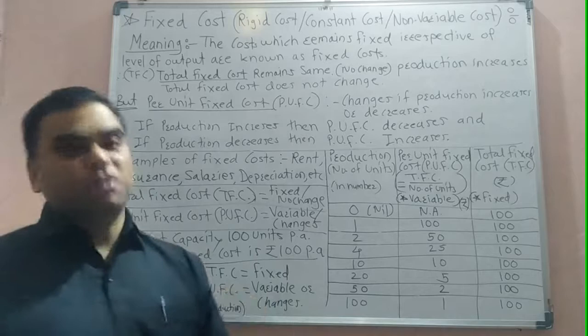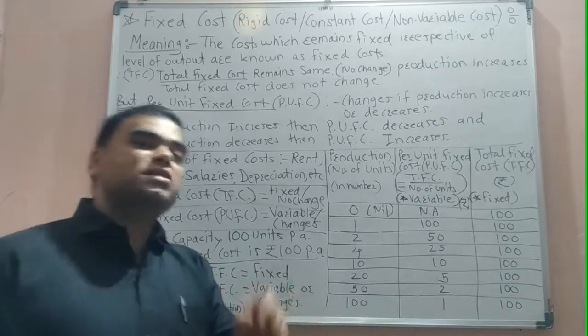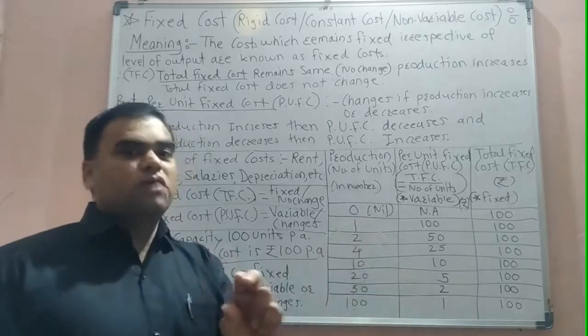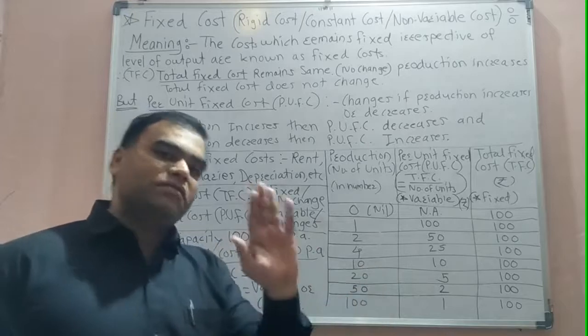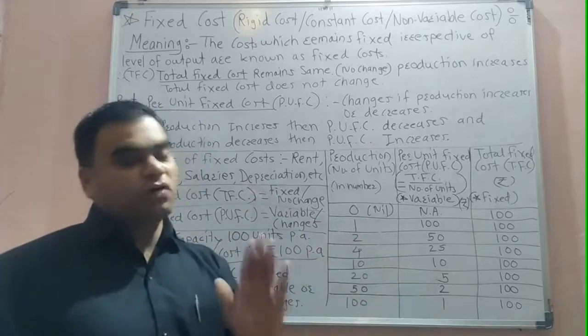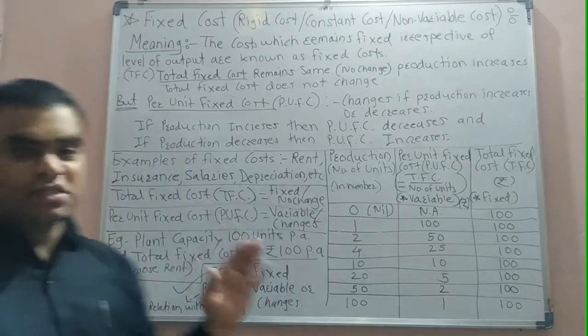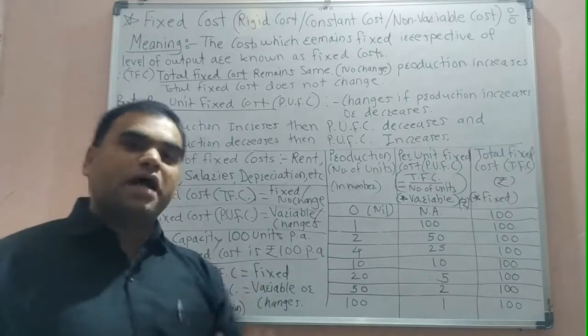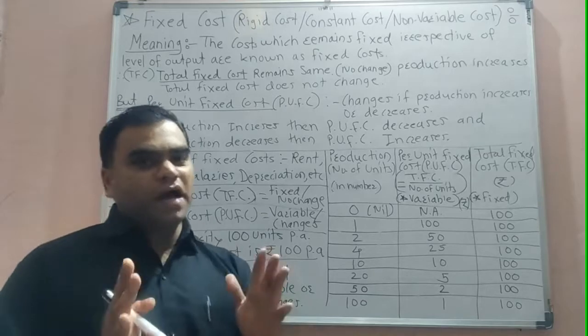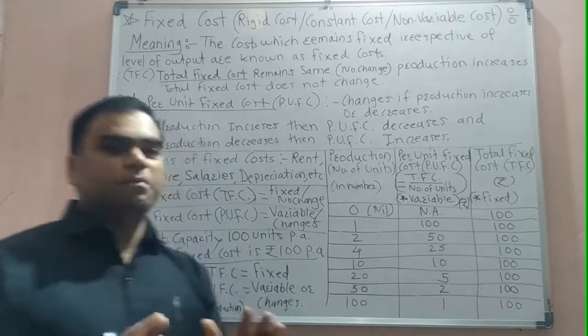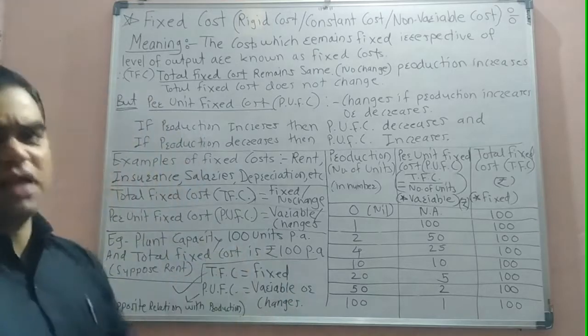How does it behave? How does it change as per the changes in the volume of production? Total fixed cost doesn't change, it remains fixed as we have discussed. But what about per unit fixed cost? Now with the help of one practical example, we are going to understand how per unit fixed cost and total fixed cost behave. So let's start our example.